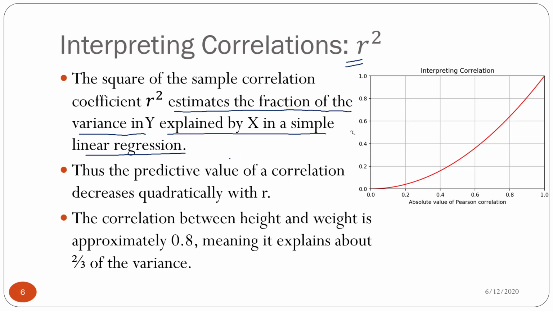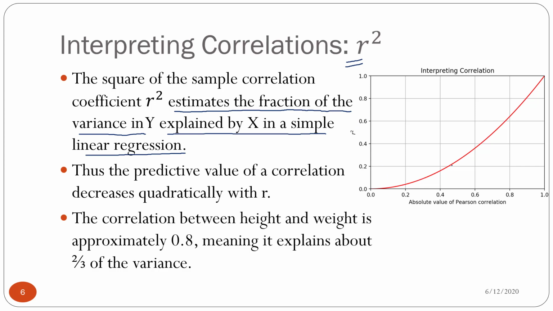Now if someone is giving you the value of R, then please square that, and after squaring you will get an estimate of how much the variable X is telling about the variation in the value of Y when you use the linear regression. Okay, so right here if you pay attention to the plot, the plot is also conveying the same thing. On the x-axis we have the Pearson's correlation, and on the y-axis we have its square.